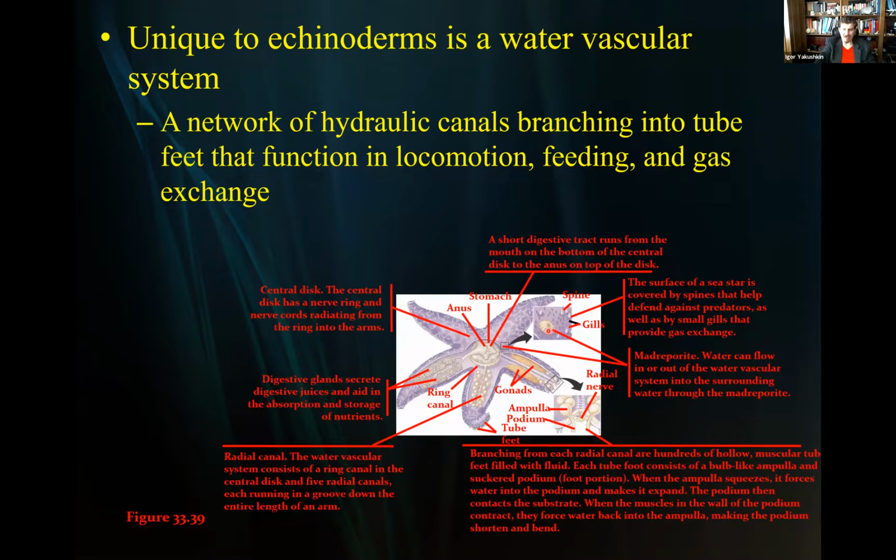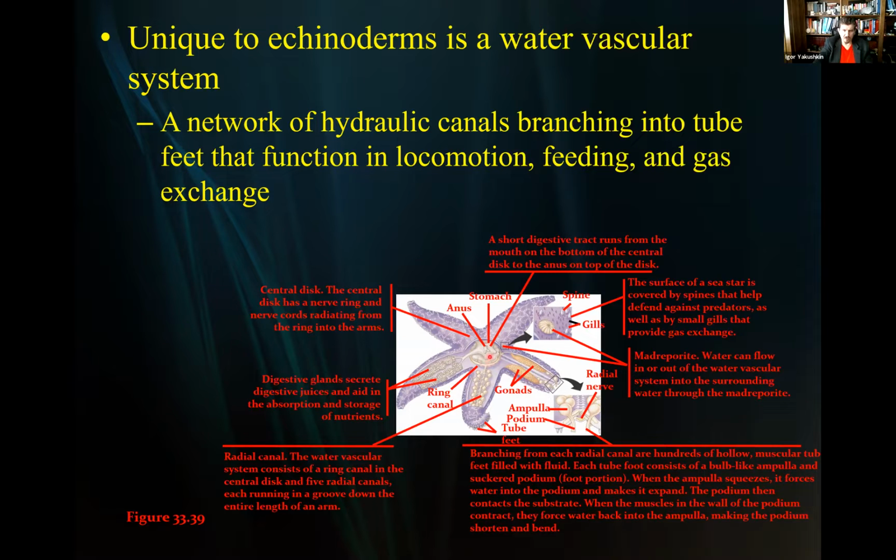It's the same thing. Madreporite, okay? So the water literally from the environment goes into that sieve plate, the madreporite. From there will be something which is known as a stone canal. From the stone canal, it goes into a ring canal.